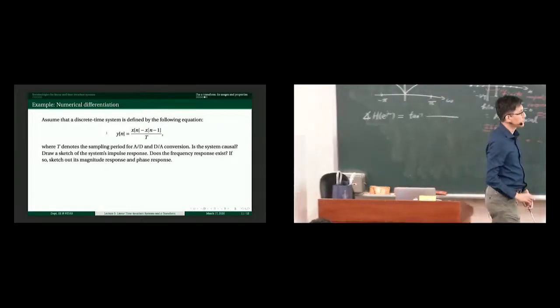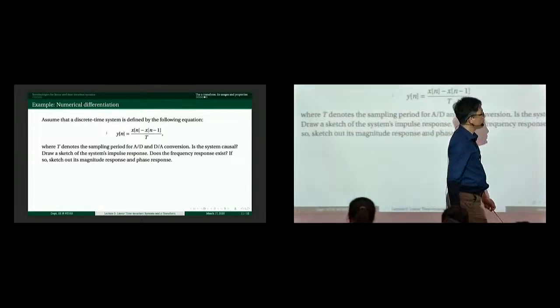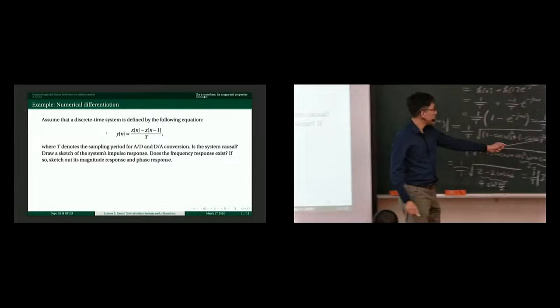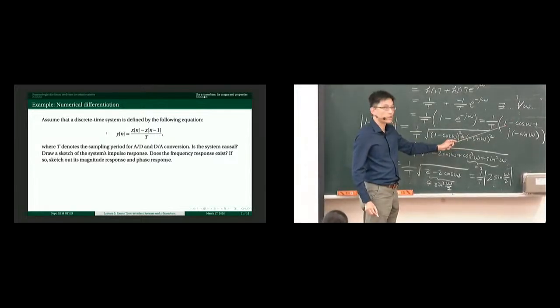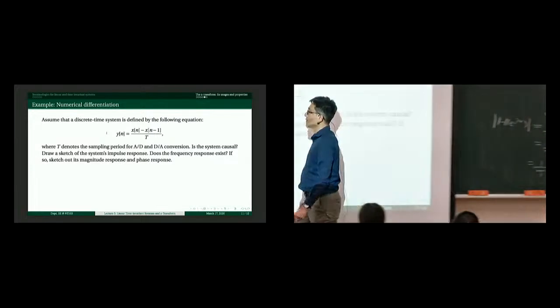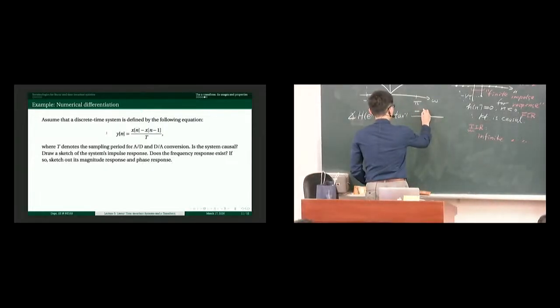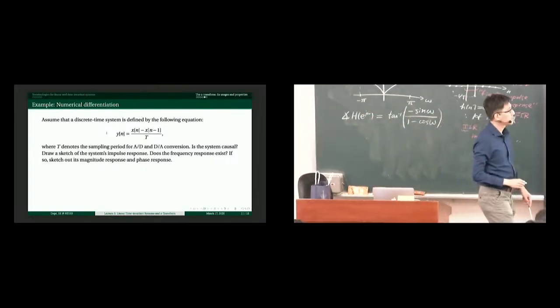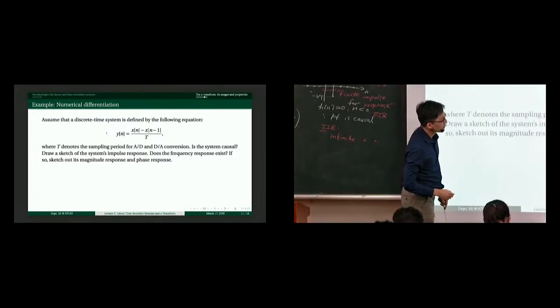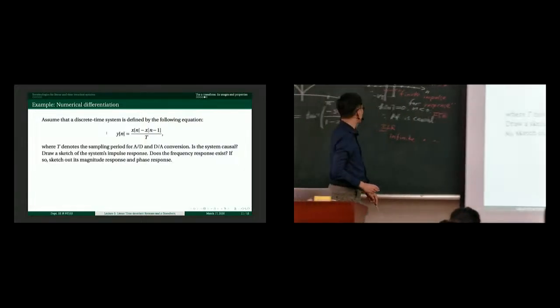So let's take a look at the imaginary part divided by the real part: minus sine omega over 1 minus cosine omega. So that's an expression.